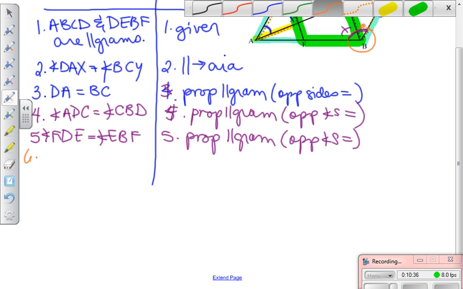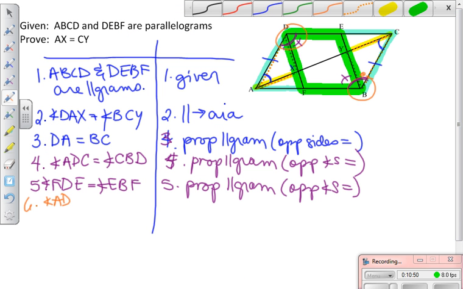And so I know that angle ADE is equal to angle ADF plus angle FDE.